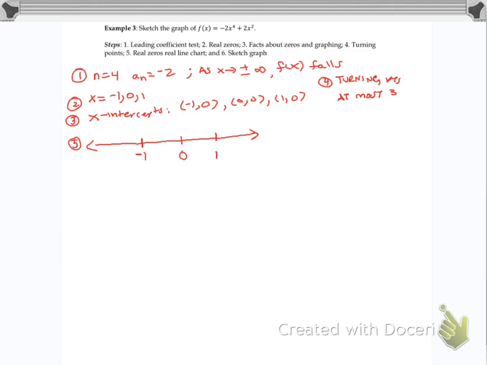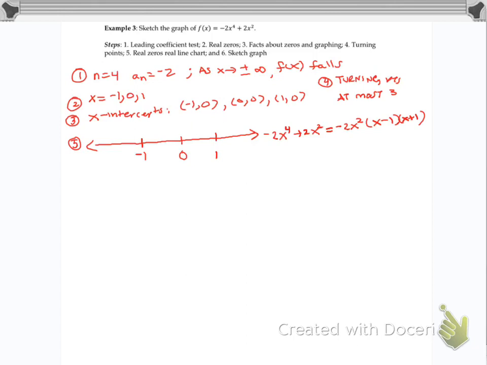And then we're going to place our function, -2x to the 4th plus 2x squared. In fact, my suggestion is, remember we factored this, right? I would use the factored form because it's easier to deal with, and I'll show you in a minute. You can use either form, but write the function next to it.